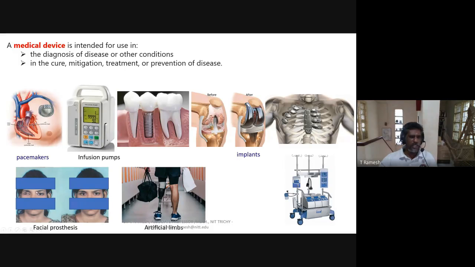And facial processes are highly familiar nowadays. You can correct your face, whatever loss you had in your face or head, that is completely replaced by means of appropriate materials.